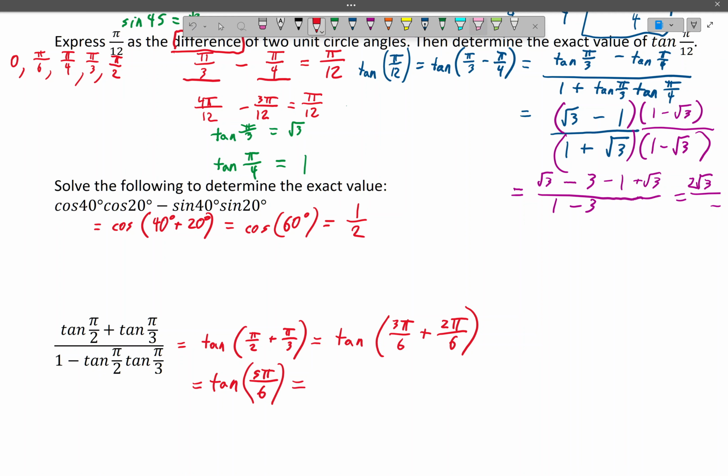And in that position, tan is negative, so we'll just put a negative, and then it's the pi over 6 version, and so, toa, it's root 3 over 1, or actually just root 3.